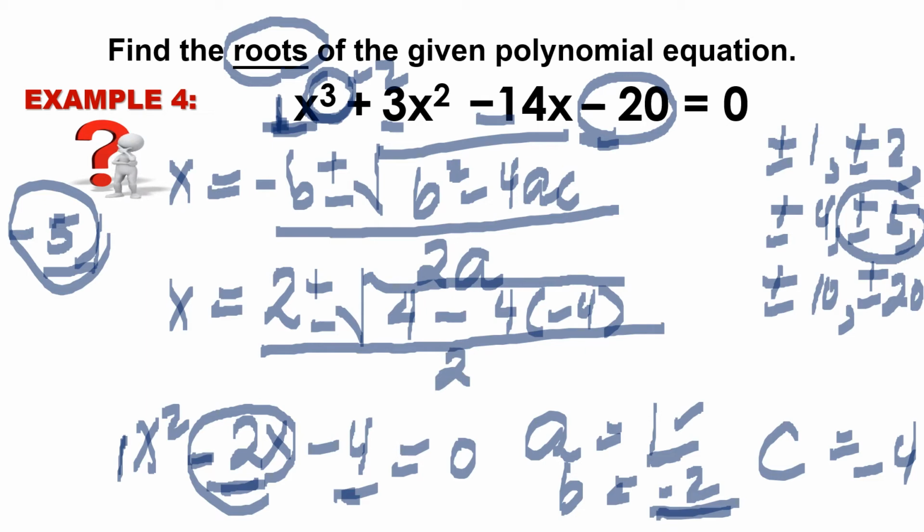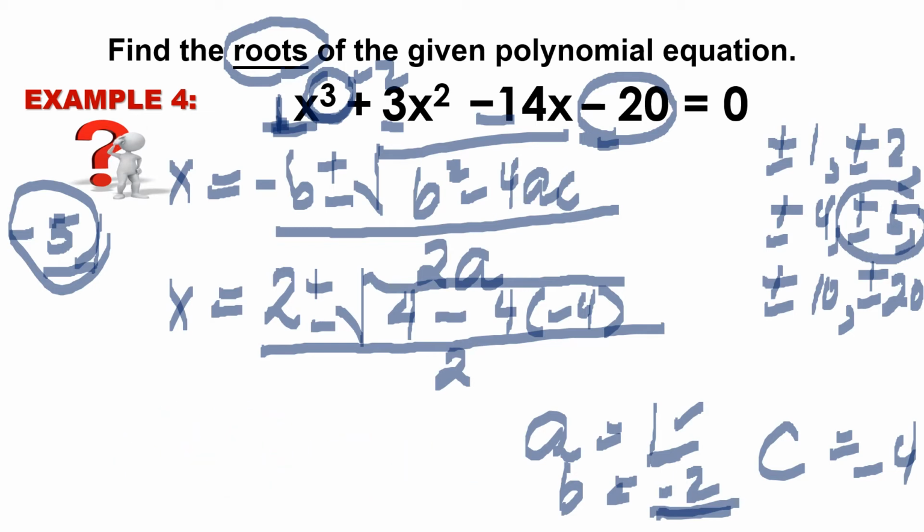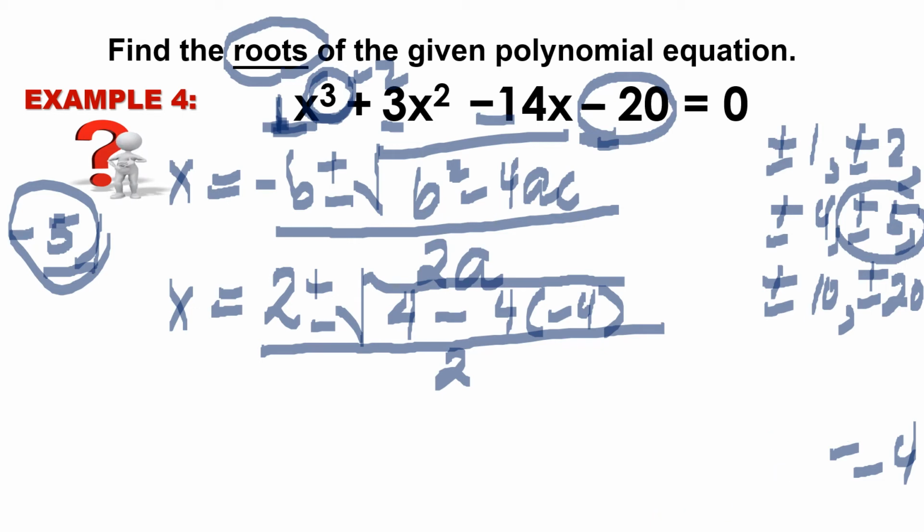Now, let's simplify this. Let me erase all this so that we can continue solving and find out the other factors, or the other roots that we are looking for. So let me continue this.